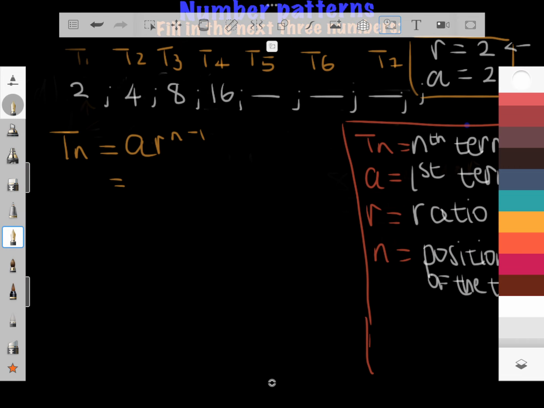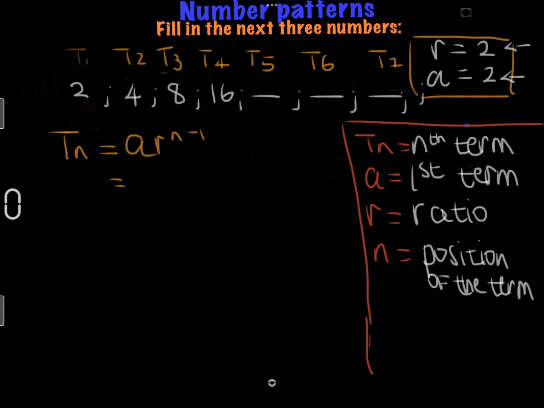Now, to move on, we just simply need to plug in these values. A, in this case, we know that A was 2, multiplied by R. So the ratio is 2 in this case. And we don't know what the nth term is, what we want to find in this case, but essentially, if you want to substitute the nth term that you want to find, it will be 2 times 2, which is our ratio, to the power 6 minus 1.